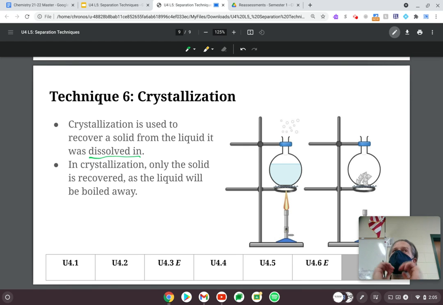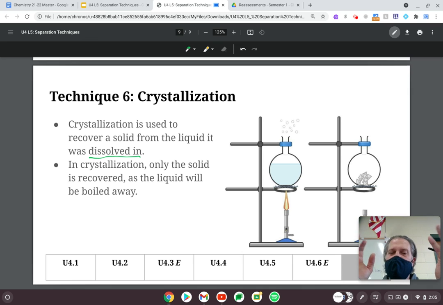What it means is that the water has stuff dissolved in it, like minerals or like iron or whatever else. So it's got some stuff dissolved in it, and as a result of that, that's what's left behind, and that's what essentially crystallization is. It's removing the water, and when it removes the water, you're left with some solid behind. And so that's crystallization. Sometimes we heat it to make it go faster. Sometimes we just let it evaporate.